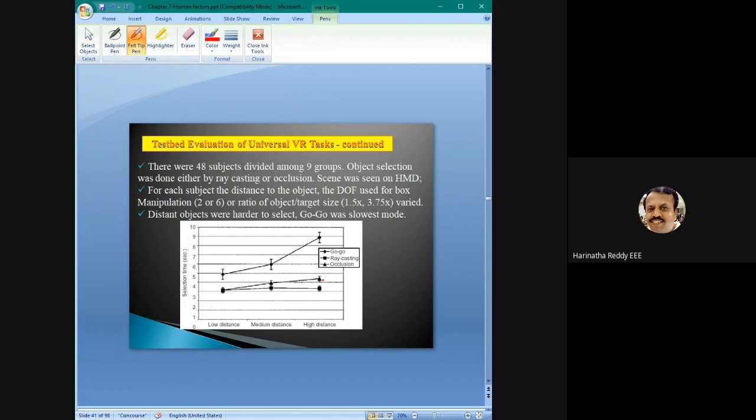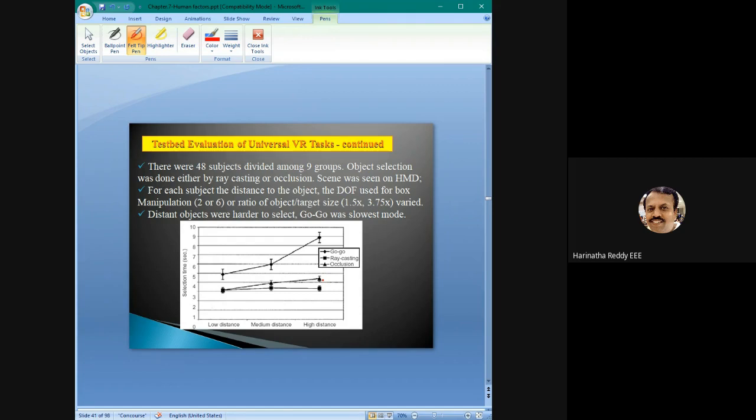And we know that when the distance is large, it's difficult to select that particular object. Is it clear? It is also observed that in this test bed evaluation, considering this object selection and then placing, the 3 methods employed, as I said, are raycasting, the go-go concept, and occlusion.